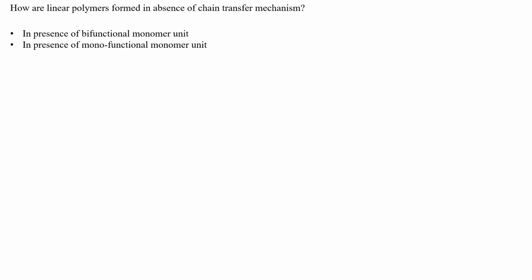If activity is not being transferred, it won't branch. So linear polymer formation happens using monofunctional monomer units. If a monofunctional monomer unit is there, only a single functional group is attached to the participating molecule, so that's how it increases in length. The presence of monofunctional monomer units will lead to linear polymer formation.